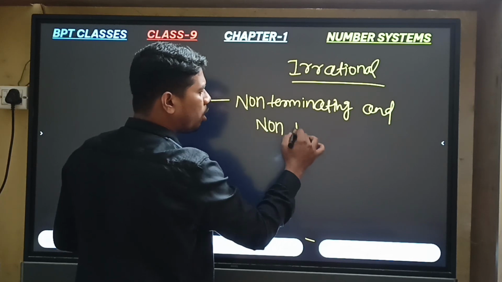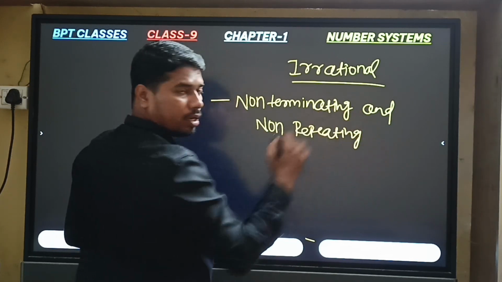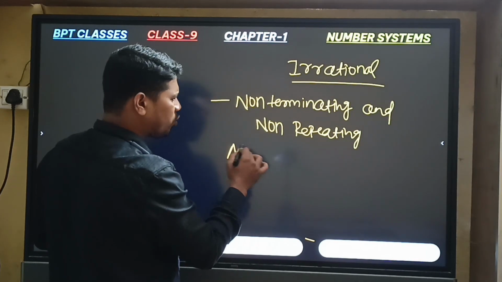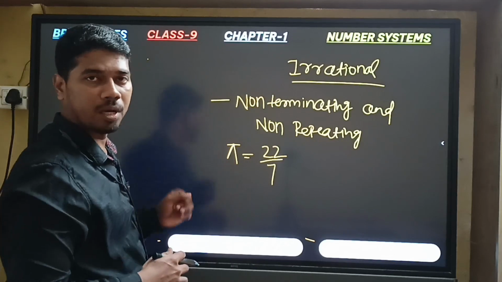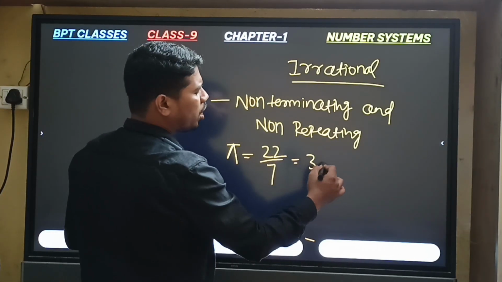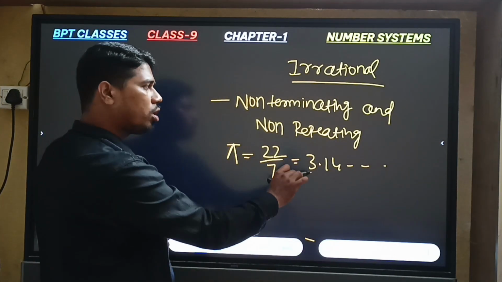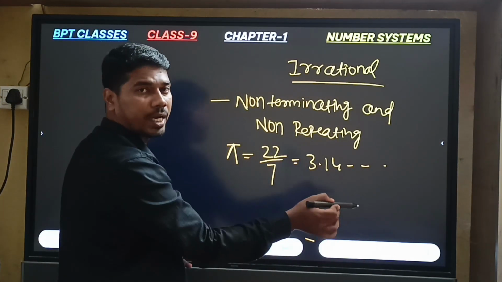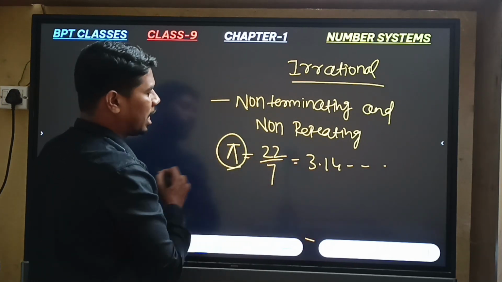Like pi. We write pi as 22 by 7, but that is only the approximate value, not equal to the pi value. Actually the value is 3.14 something, which is non-terminating and non-repeating. It should not be repeated. So pi is an irrational number.